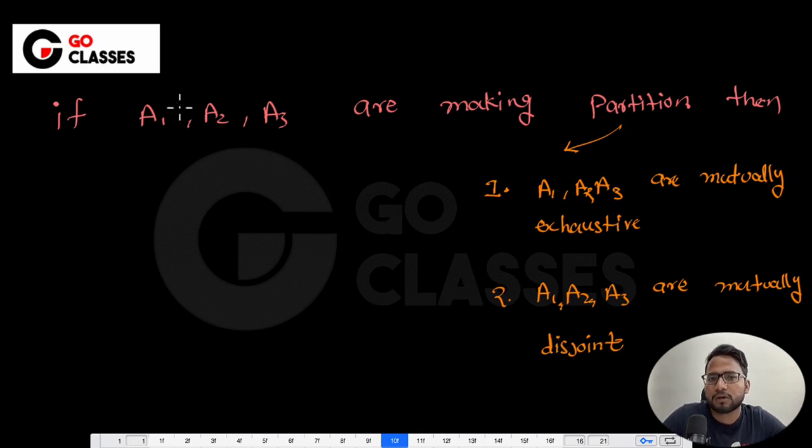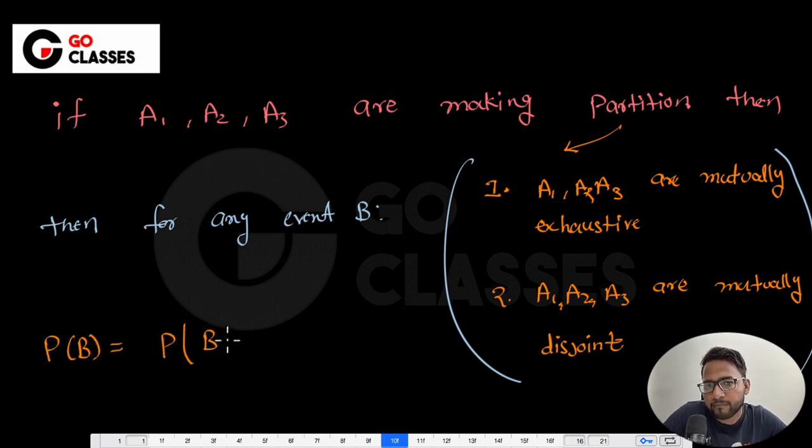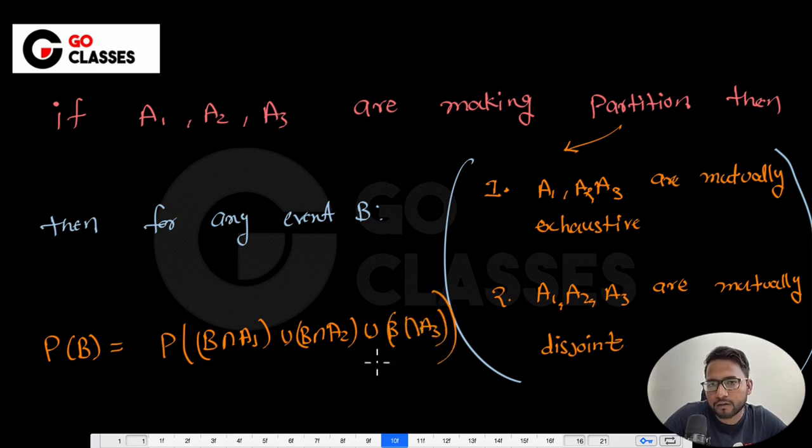Now, let me write the rule. If A1, A2, A3 are making the partition, which means they follow these two points, then for any event B, we have something like this. Probability of B equals probability of B intersection A1 union B intersection A2 union B intersection A3, right?